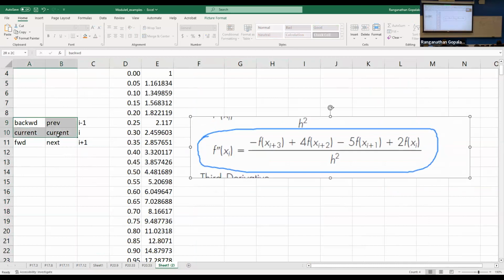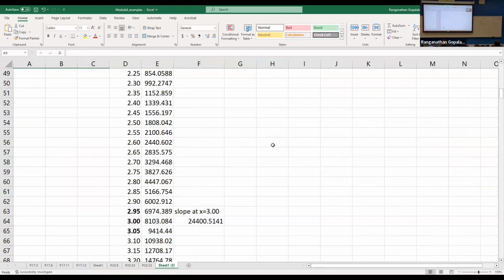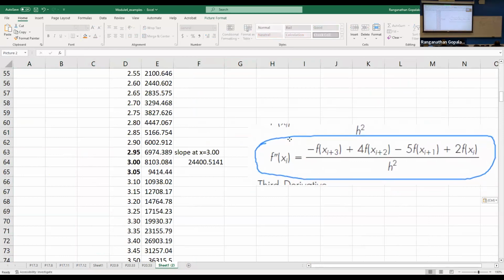So let me move over here. I want to get the slope, or not the slope. This time we are getting the curvature at x equal to 3.00. I involve current, that is I plus 1, I plus 2, I plus 3.